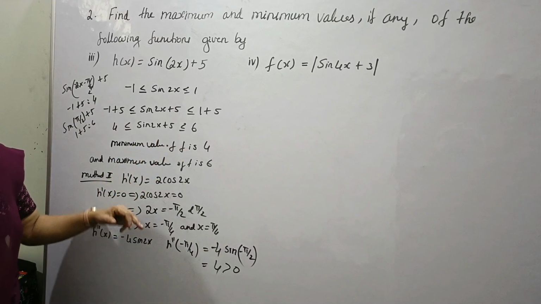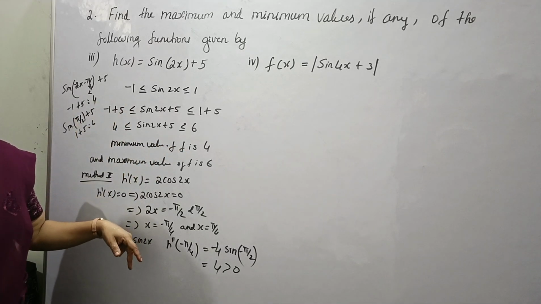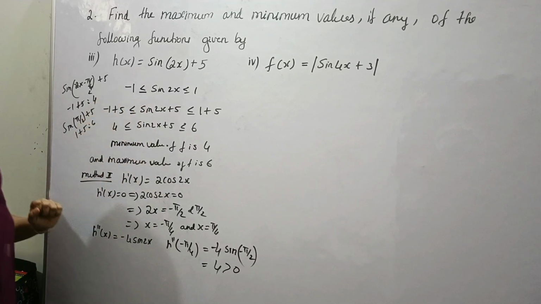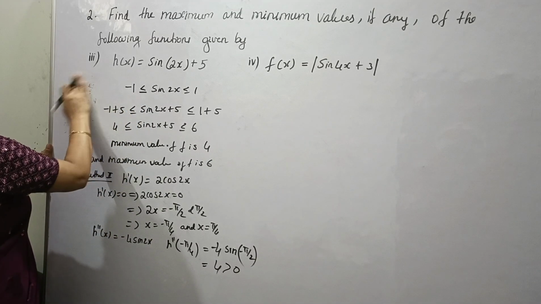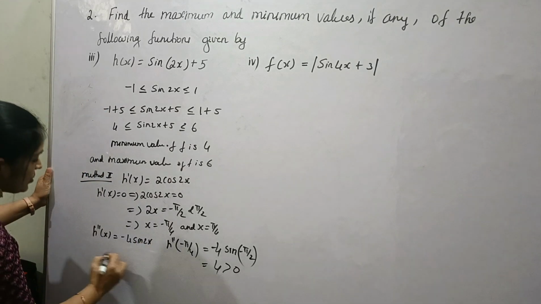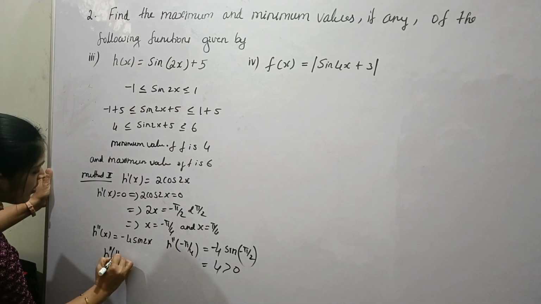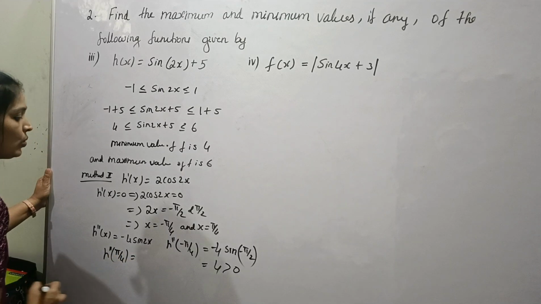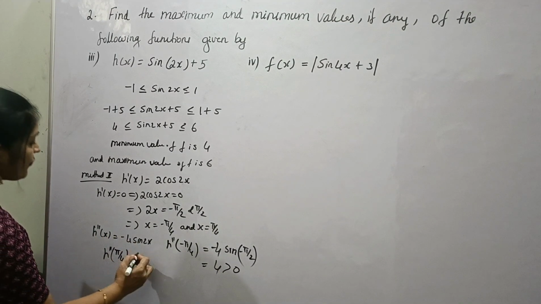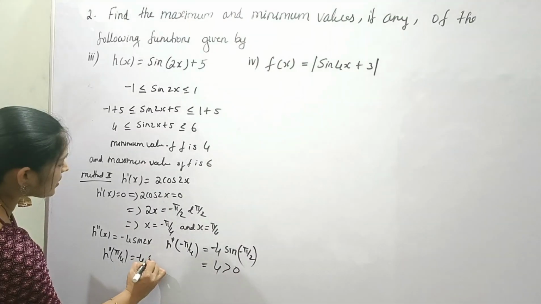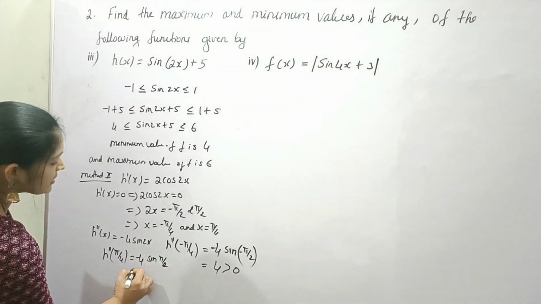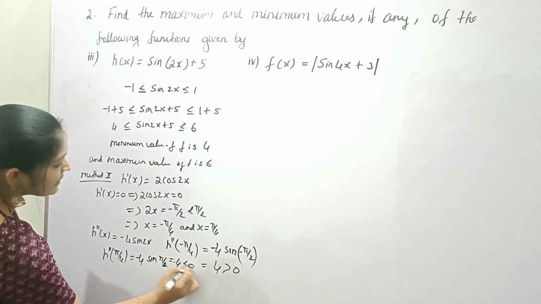Same value, right? So, here you can apply two methods: either the second derivative test or the direct method. So, here h double dash of pi by 4 is equal to, here it is our h double dash of x, minus 4 into sine 2 into pi by 4, sine pi by 2, that is minus 4, that is less than 0.